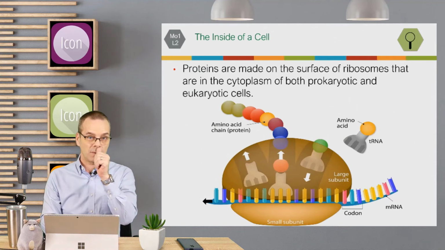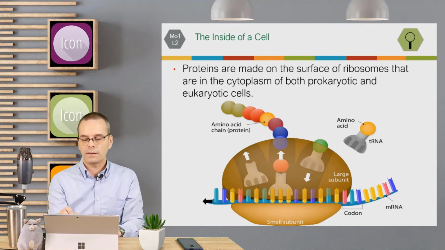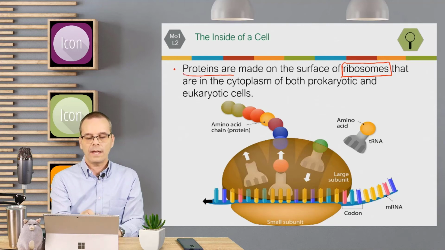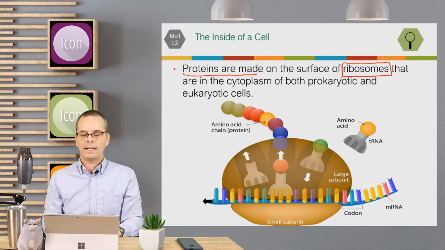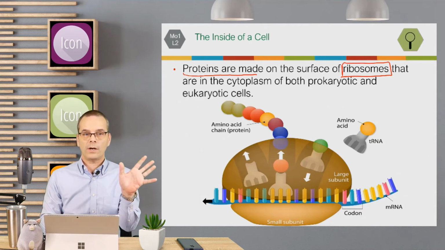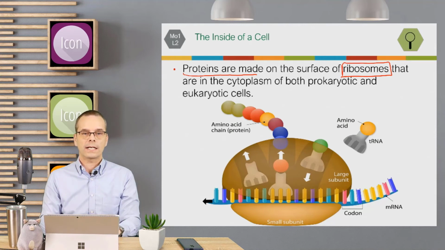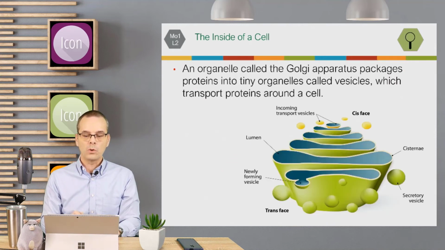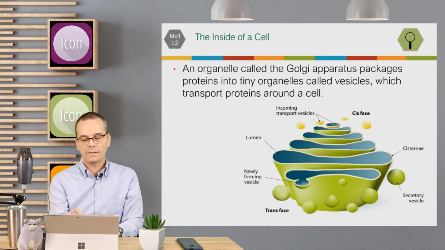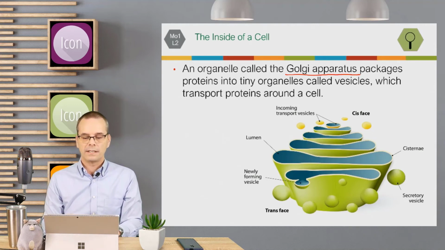Now, proteins are made on the surface of something called ribosomes. These ribosomes are in the cytoplasm, and they're in both prokaryotic and eukaryotic cells. You also have an organelle called the Golgi apparatus.